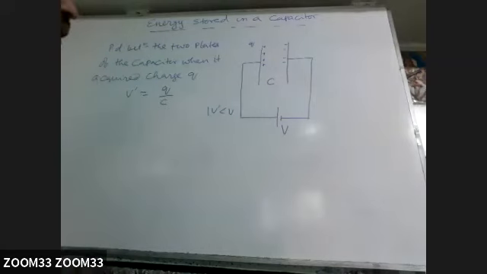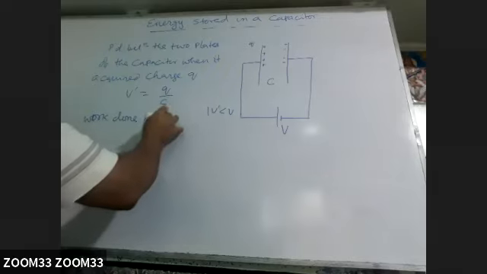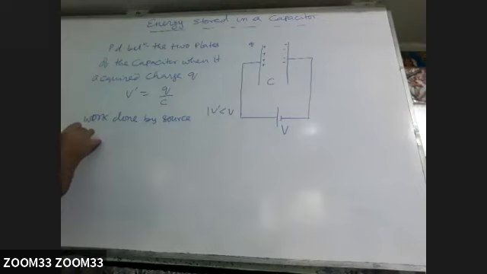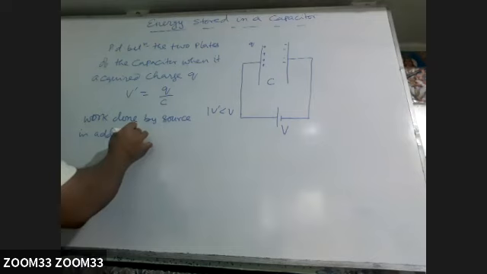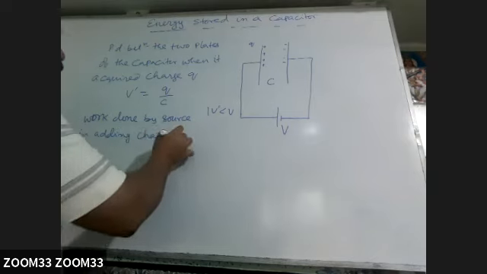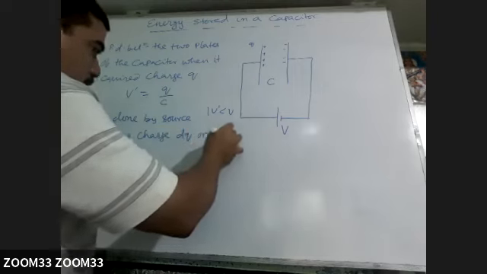What will happen to the potential? So what will be the work done by the source in adding charge dq on the capacitor?